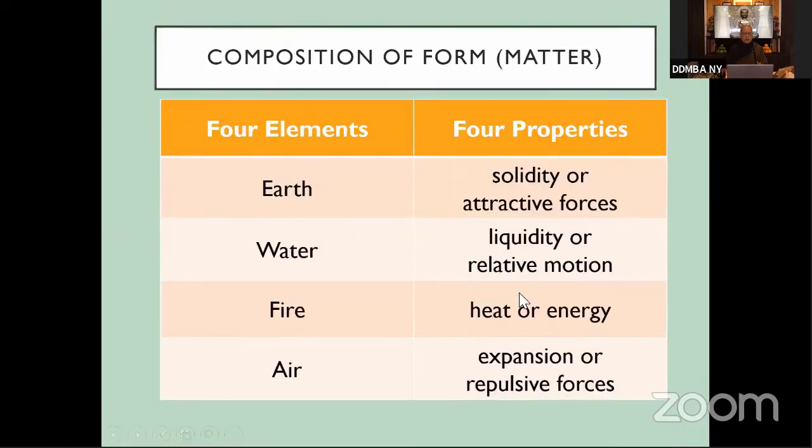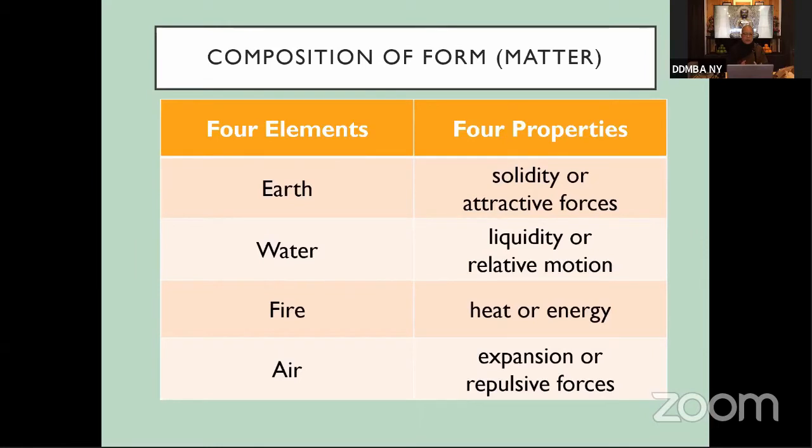Okay, and when we go into more detail, what is the composition of the form? This applies to both organs and also the objects that we are going to talk about in the second part of the talk. So the composition is, you heard a lot about four elements: the earth, the water, the fire, and the air.